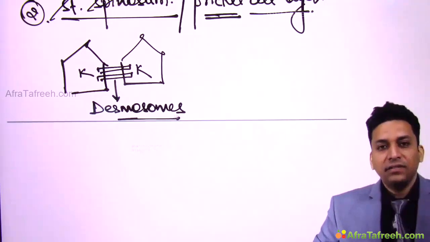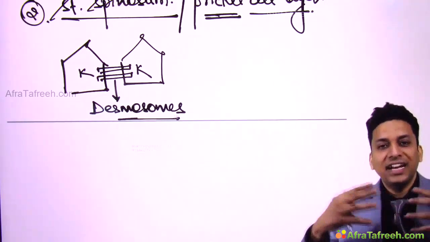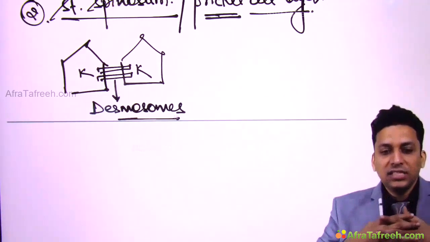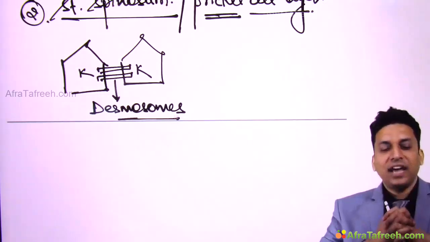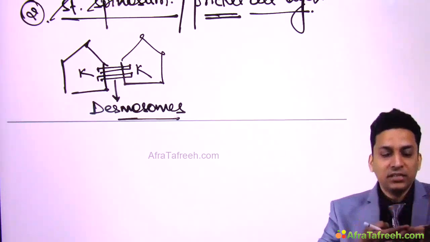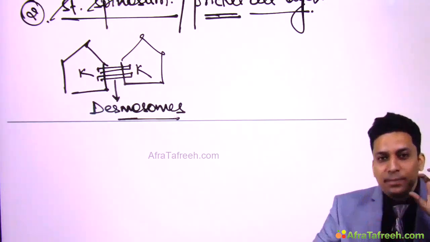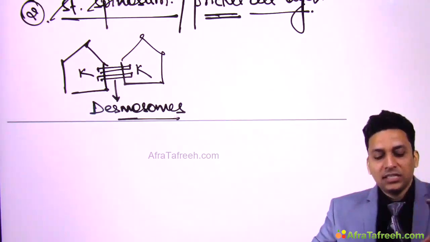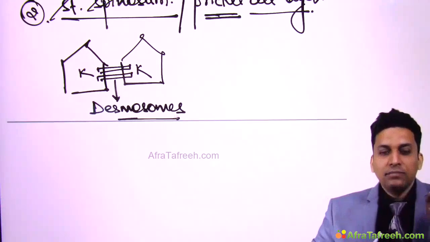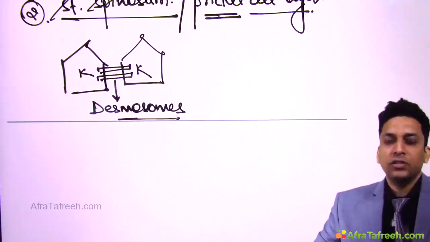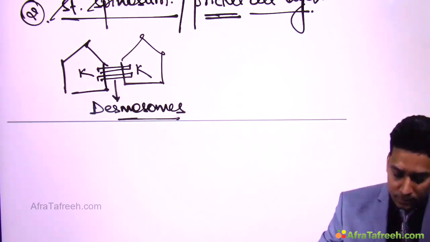Desmosomes are the intercellular structures which help in attachment of 2 keratinocytes, and under the microscope they look like spines or pricks. Because they are prominently present in this layer, you can see a lot of cells having spines over them. That's why this layer is known as spinosum. So this is so simple to remember: spinosum, lots of spines are seen.